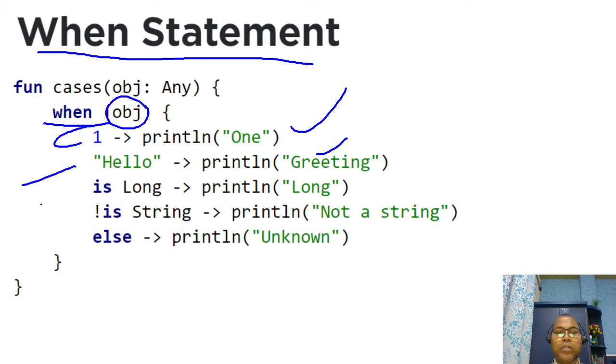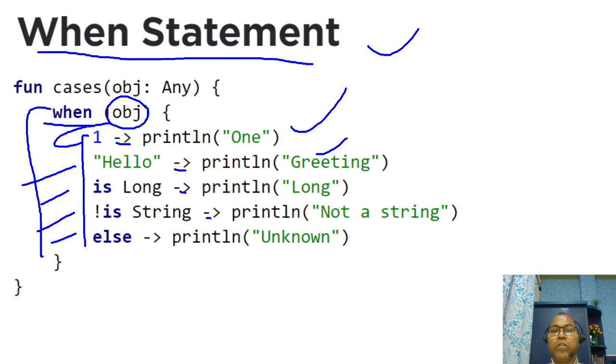It is like multiple cases here, like a switch case, but here you have an arrow operator to distinguish: if the particular case matches, then what to do. Here we are not returning anything from when. So this is your when statement.